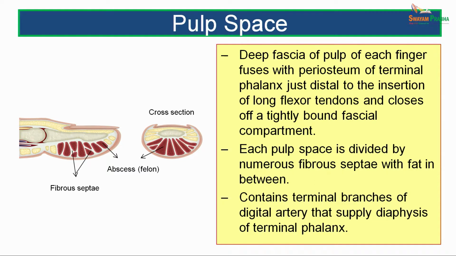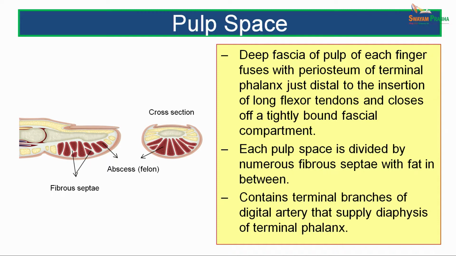Each pulp space is divided by numerous fibrous septae with fat in between. It contains the terminal branches of the digital artery that supply the diaphysis or the distal 4/5 of the terminal or distal phalanx.